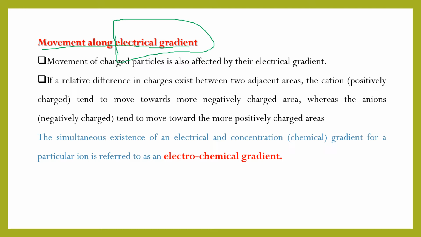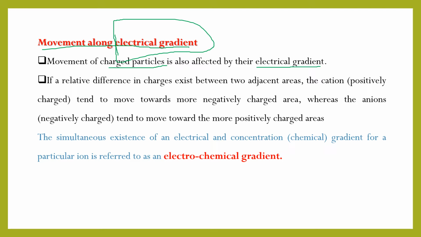The movement of charged particles is also affected by their electrical gradient. The movement of these charged particles can be affected both by their concentration gradient as well as by their electrical gradient.